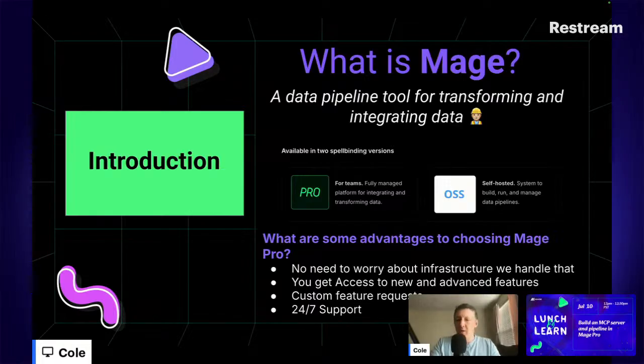We'll handle all the upgrades for you. You can get access to new and advanced features, and can create custom feature requests as well. We also offer 24/7 support for our Mage Pro customers.